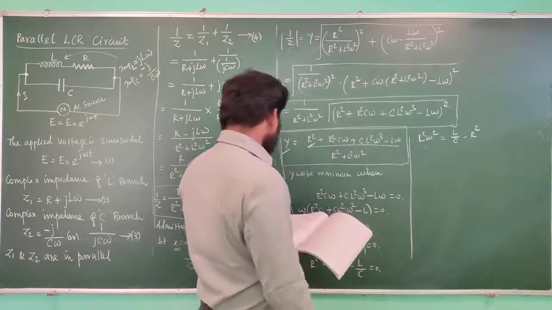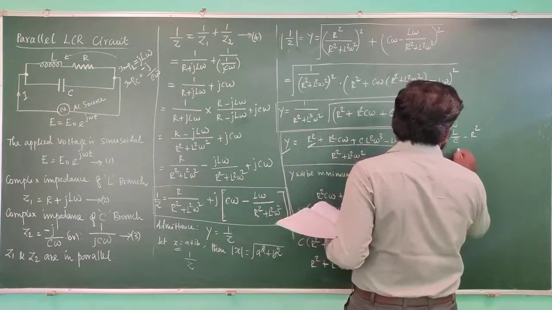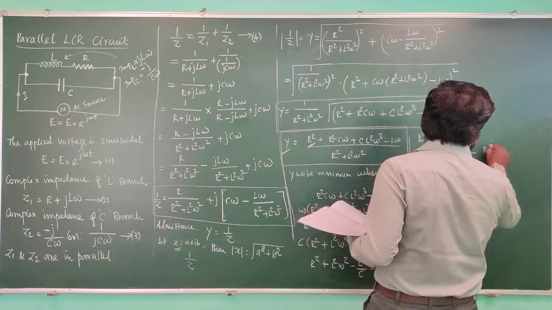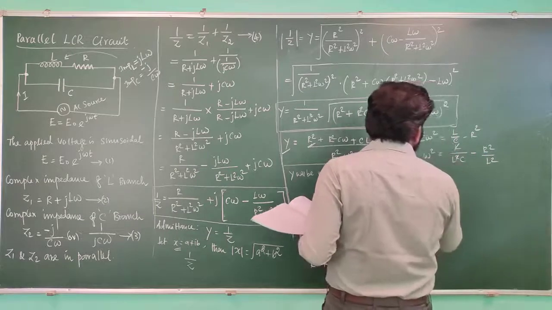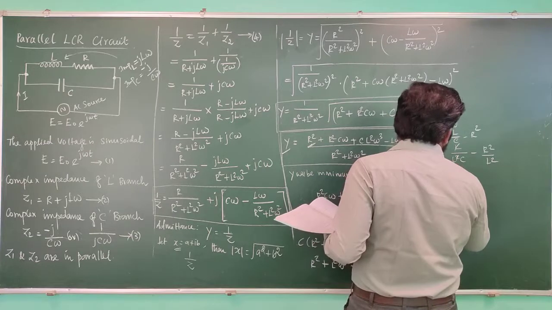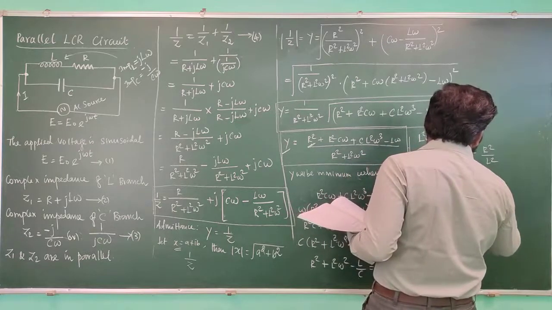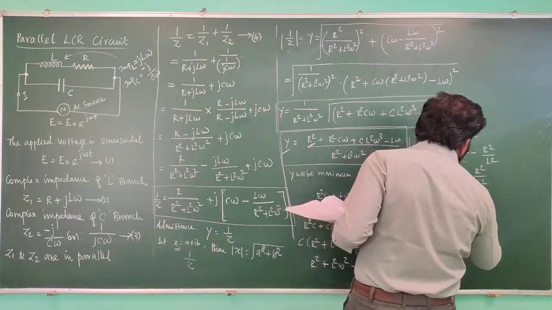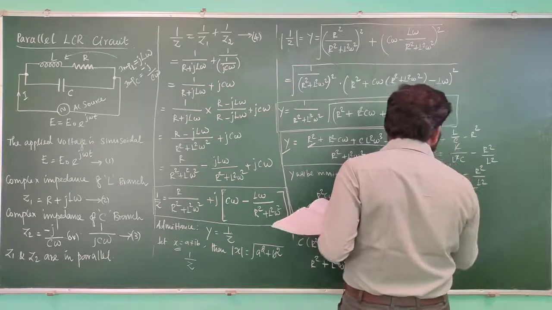If you want omega square, we can write l by c minus r square all over l square. So l will cancel, and omega square equals 1 by lc minus r square by l square, or omega equals the square root of 1 by lc minus r square by l square.